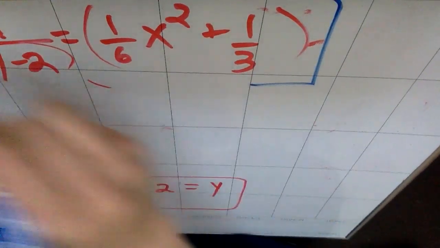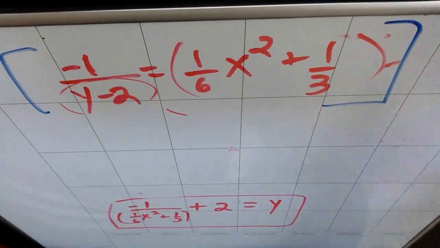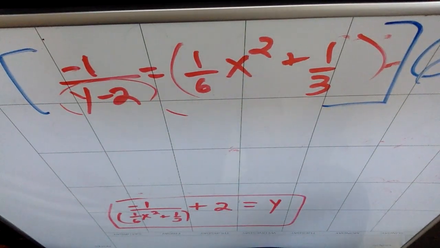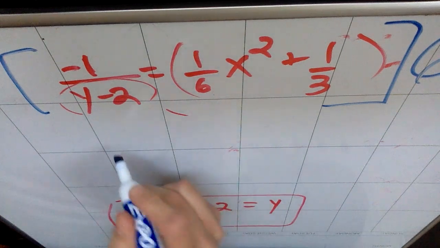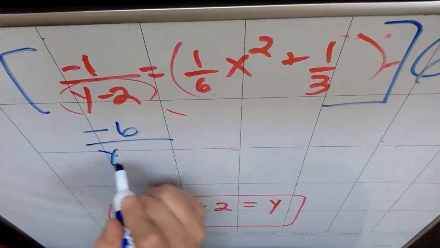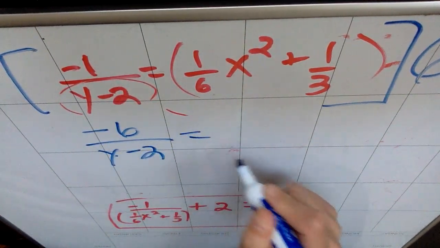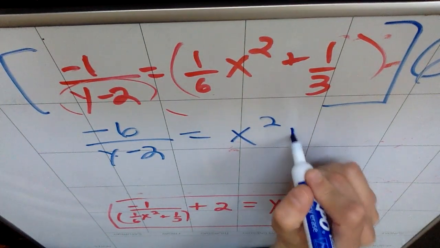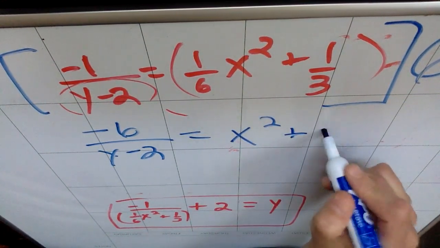I'm just going to multiply the entire thing by a 6, because that would get rid of the 6 and also the 3, right? So I'd get negative 6 over y minus 2 equals x squared, because the 6 times the 1/6, plus the 6 times the 1/3 would be a 2.